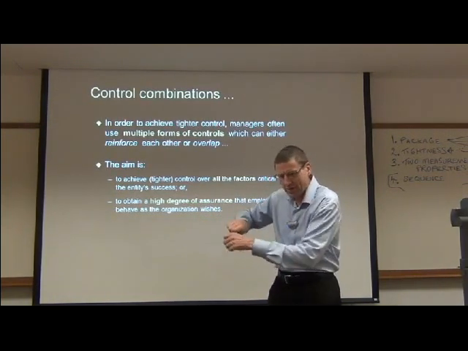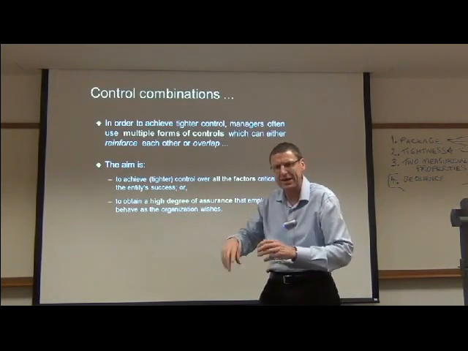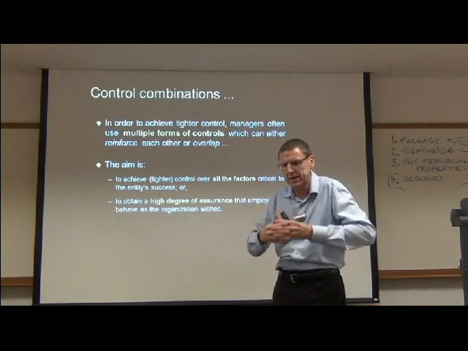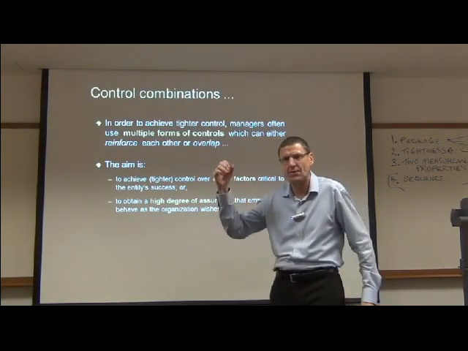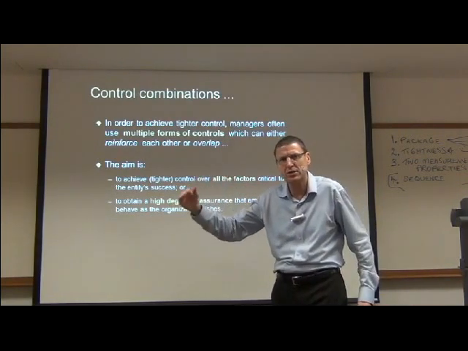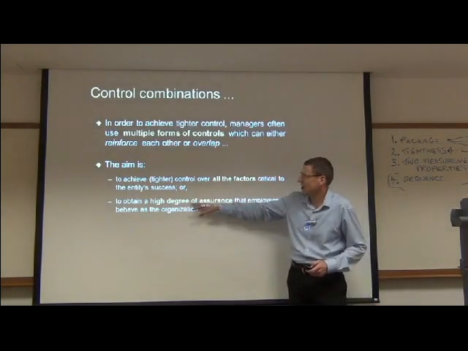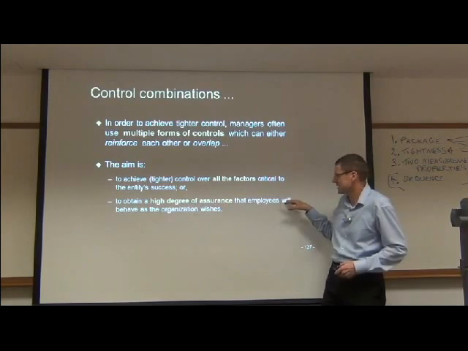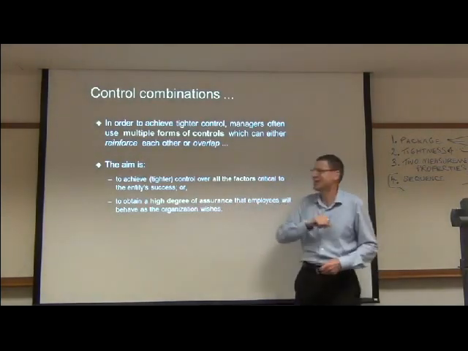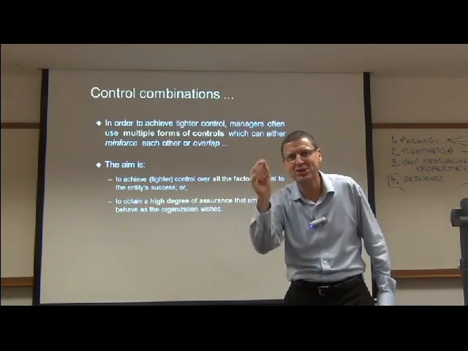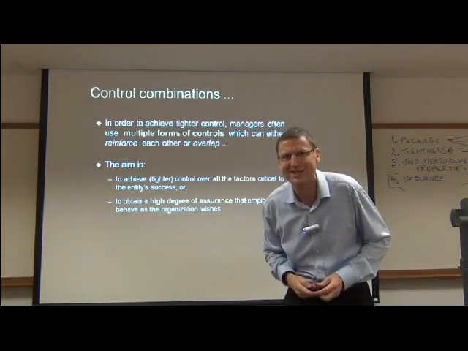If you screw down on just one, you get a leakage in the other two. That's why, to get good tight controls, it's important to think of all three: action, results and people controls. So the aim is to get a high degree of assurance that the employees will behave as the organisation wishes. That is, you have good employees and they do what you expect them to do.